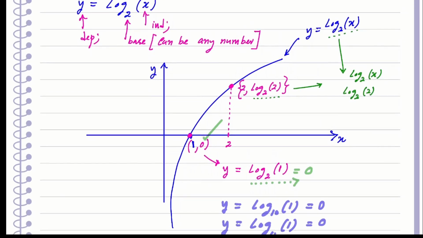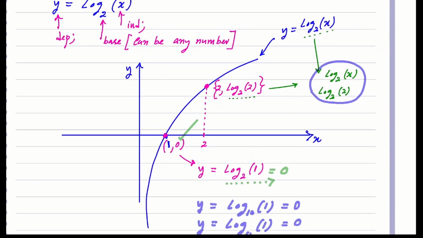Now, if you look at these two, you have to understand what they are, right? If you look at the picture, the curve, the point, and what we have concluded, you will tell me that log₂x is a curve.